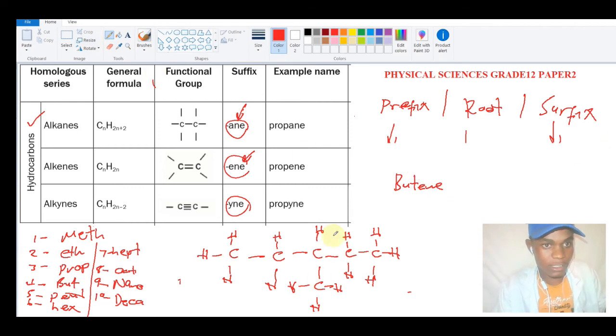I want us to try and name this gigantic thing. So you must relax when you see such things. Don't panic.